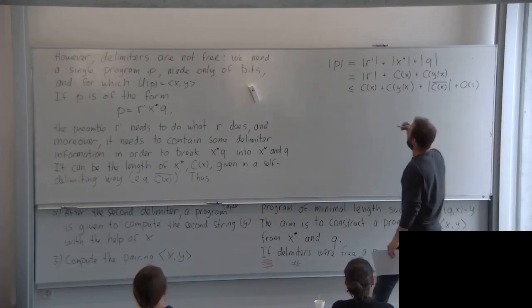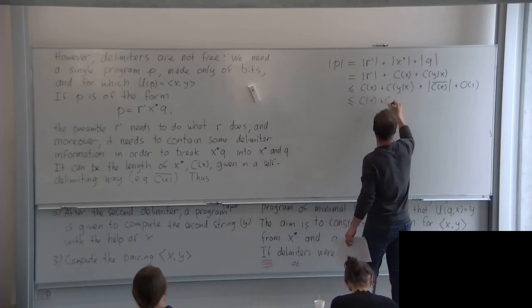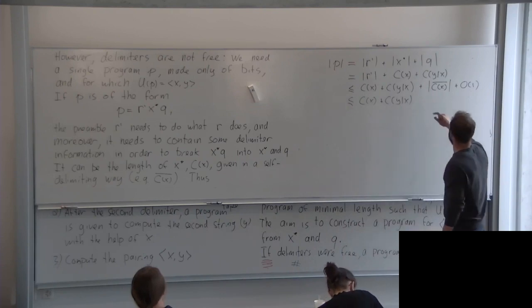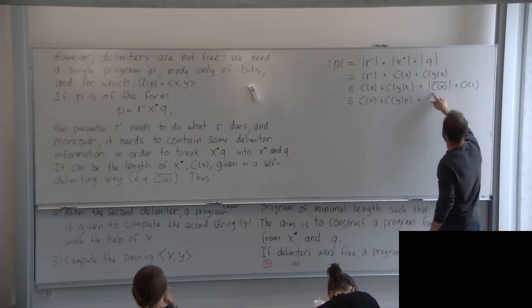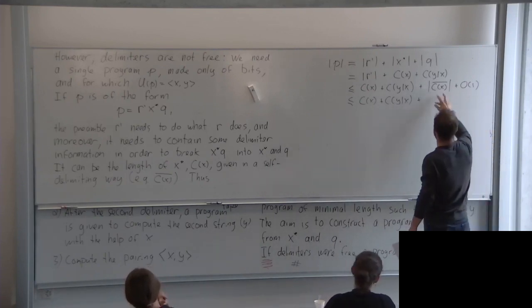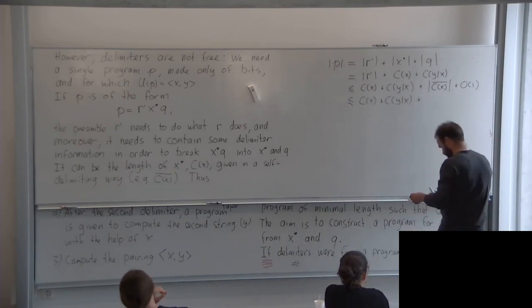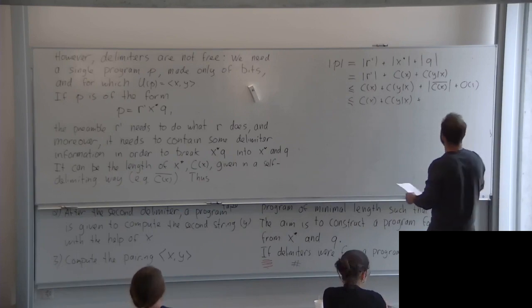Okay, let's finish this off. C of x plus c of y given x, and plus, when you have a number that is encoded in this self-delimiting way, it's 2 log of c of x, correct?